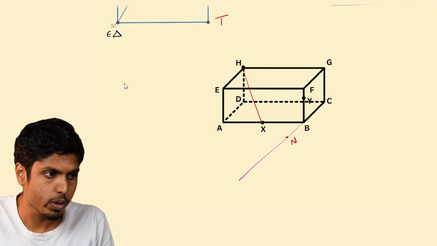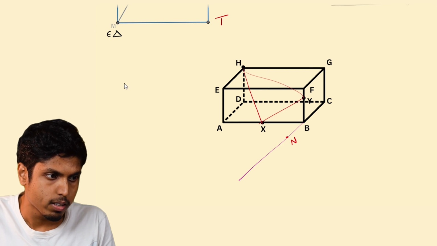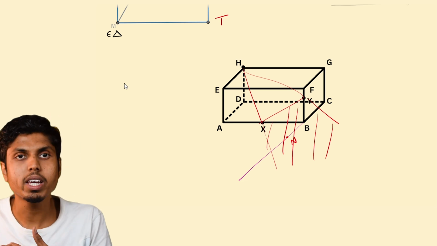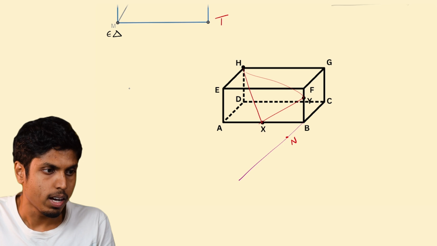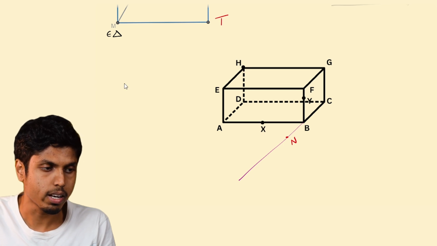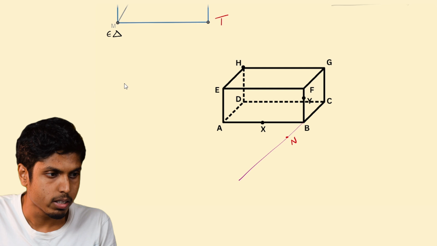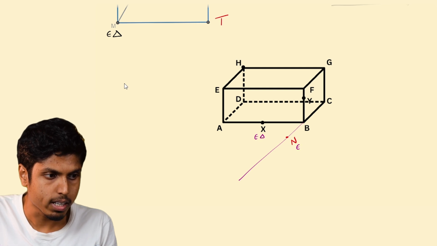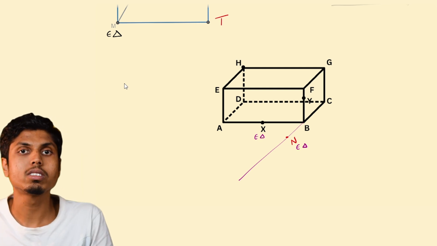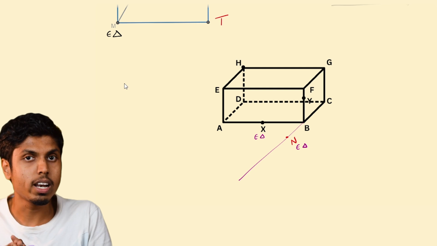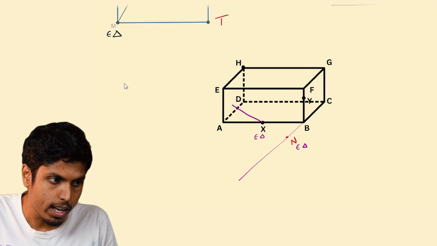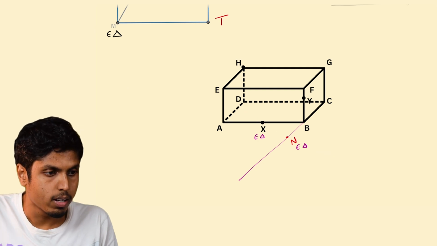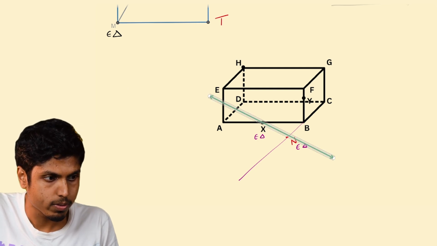So HXY shall pass through this point N or intersect CB at this point N. So that's the idea behind realizing the point N, because when you consider 2 points in delta, the line defined by those 2 points shall entirely lie on the plane. So hence, the line NX entirely lies on the plane delta as shown.